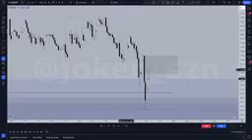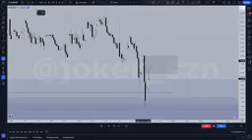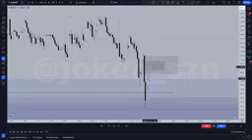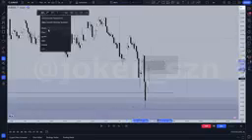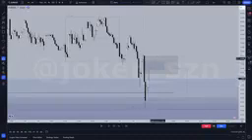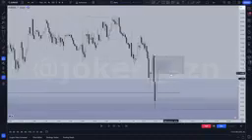So we want to see now price ideally closing above, and we also have a balanced price range here, right? If the balanced price range, which is a really strong PD array, if we also fail to stay below this bearish balanced price range, and we also close above, we have confirmation of a shift in order flow, and I will look for longs here, right?